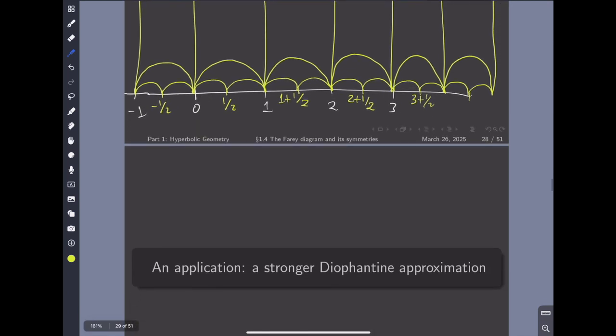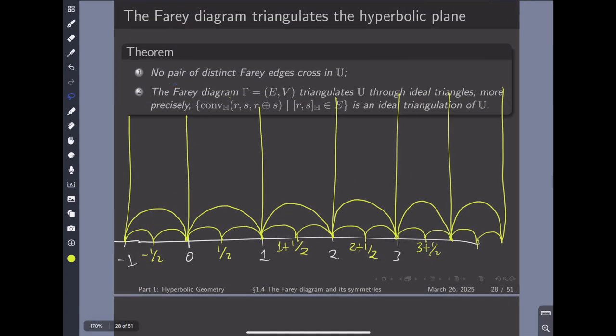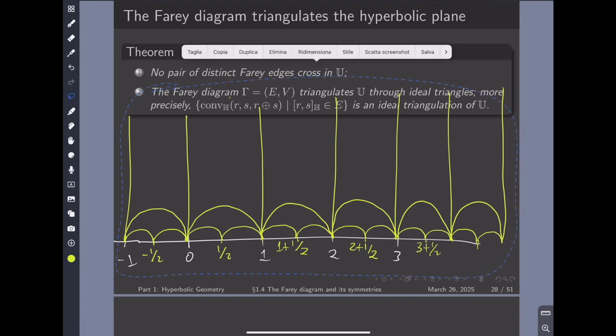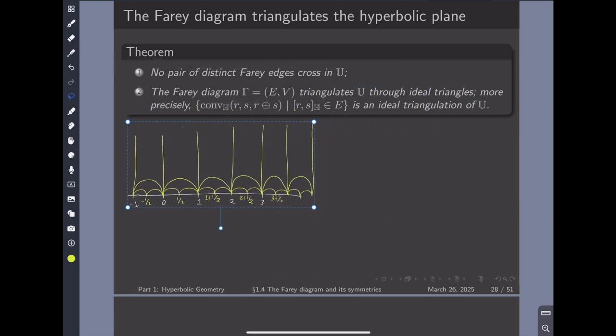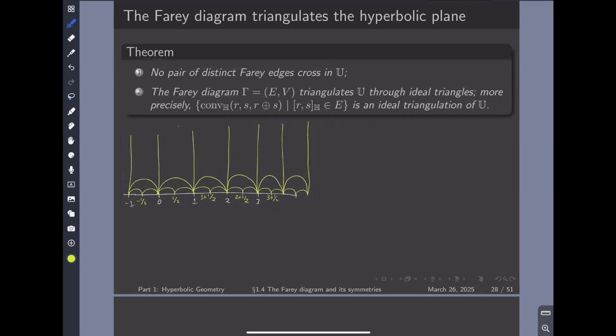So for the inductive step, let me see if I can say it more or less quickly. Now let's say that we have Fn.